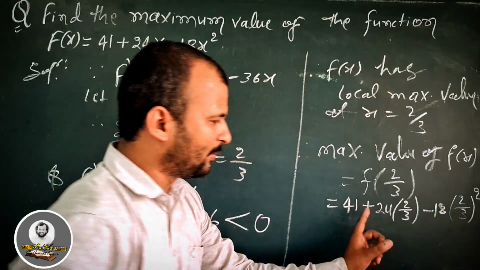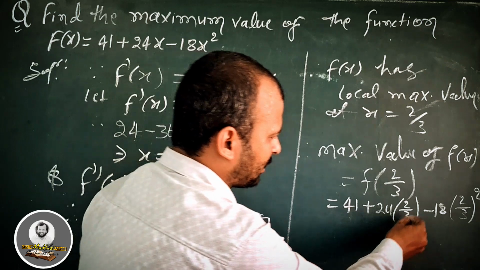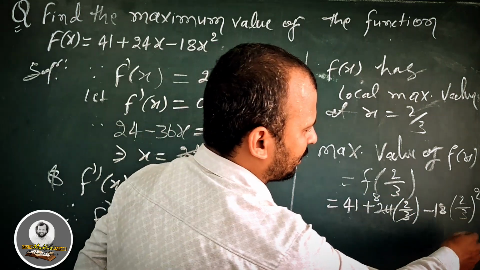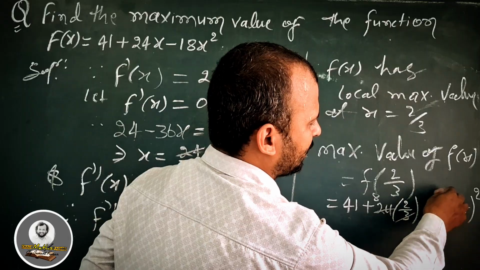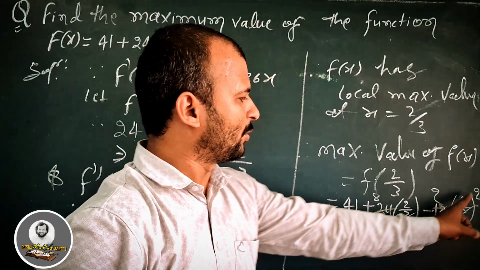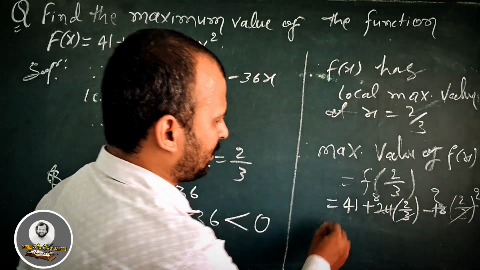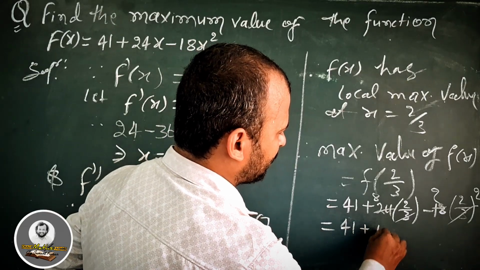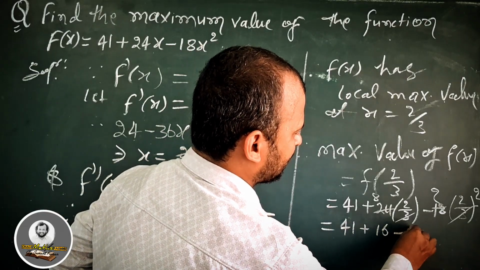If we solve this, 8 3s are 24, and it becomes 9 9s are 18, and 2 4s are 8, meaning here we get 41 plus 16 minus 8.